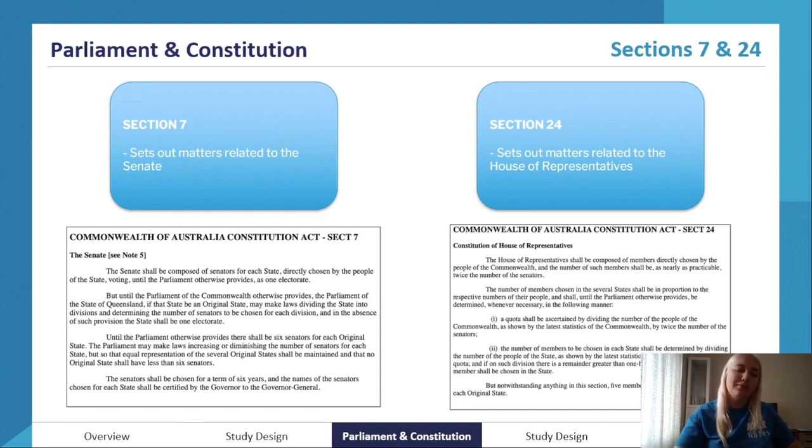Section 7 outlines the matters related to the Senate in the Constitution: the existence of the Senate, what the composition has to be, and how they will be chosen. We can see directly chosen by the people of the state, voting until the Parliament otherwise provides as one electorate. Section 24, on the other hand, sets out the composition and matters related to the House of Representatives, our lower house.